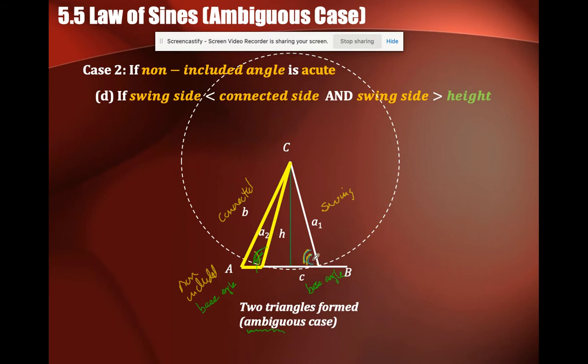You could have an acute base angle or an obtuse one to go with your non-included acute angle there. Remember, we always started in this case 2, we started with the non-included angle as acute. So if your non-included angle is obtuse, you don't have the ambiguous case. You only have the ambiguous case if the non-included angle is acute.